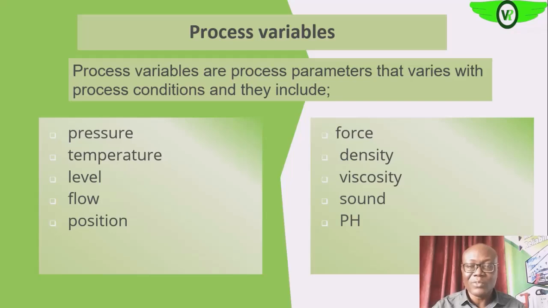And if there are adjustments that need to be made to the process, the information could be sent to the final control element. What those final control elements are, we'll see later, so that the appropriate adjustment could be made to return that process variable back to what we feel is normal.